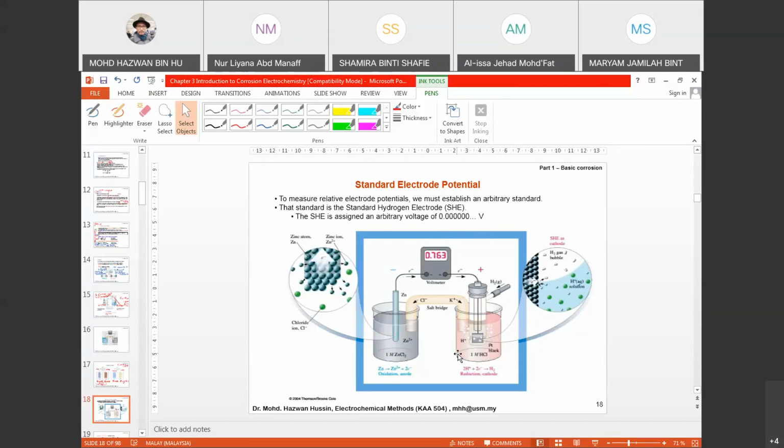When you use it as a reference, you know it will always be 0. Then the potential value that is produced is the potential value for the studied metal that you put.